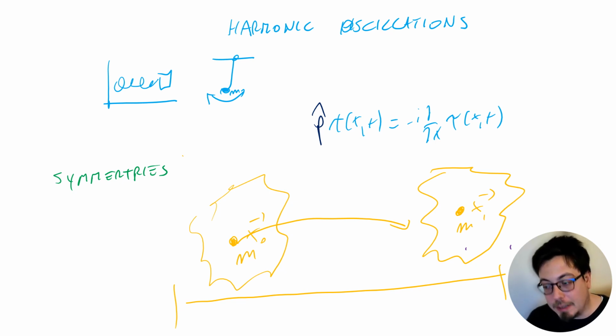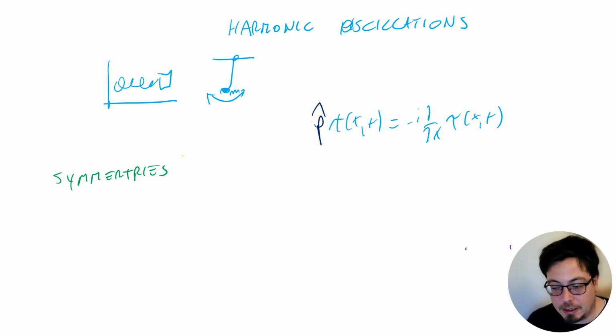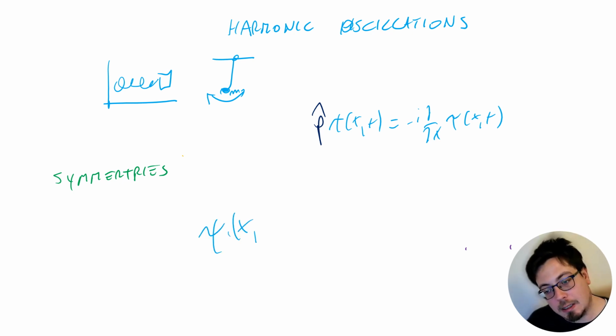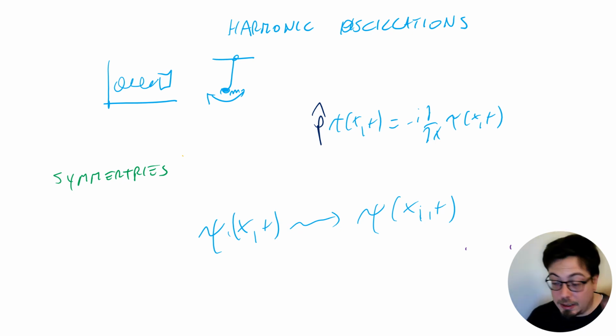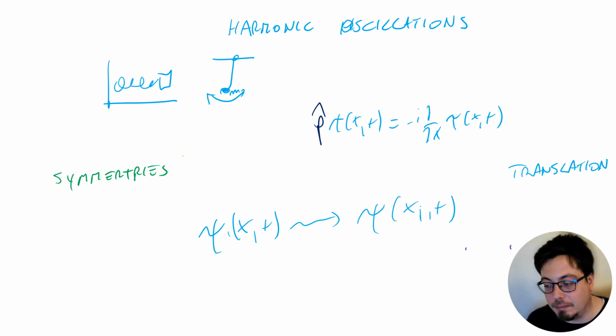But that implies some things on the structure of the function, because it implies that your wave function psi in a position x and t must give the same results when you apply a movement, let's say a translation, a rigid movement of your coordinate system from one direction to another. And let's see what this leads us to.